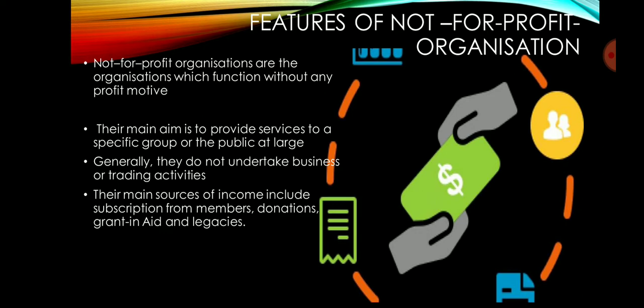Generally, they do not undertake business or trading activities. Their main sources of income include subscriptions from members, donations, grant in aid and legacies. These are called features of not-for-profit organizations.